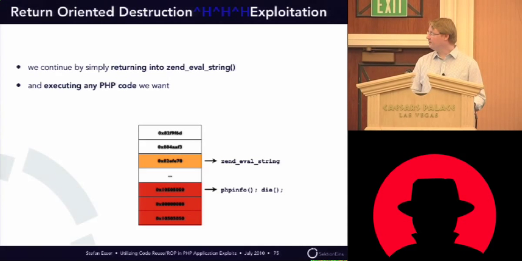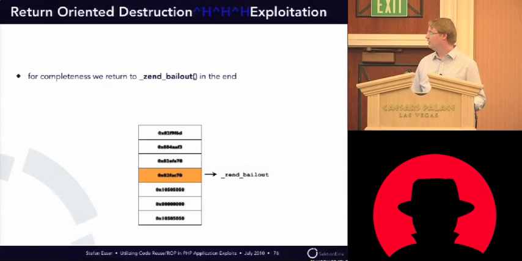And for completeness, what you would put in an empty slot is the zend_bailout function, so that when you return from the executed PHP code, you would end up in zend_bailout. Anyway, this will crash, because this is in a place where, as I told you about, the jump buffer is.